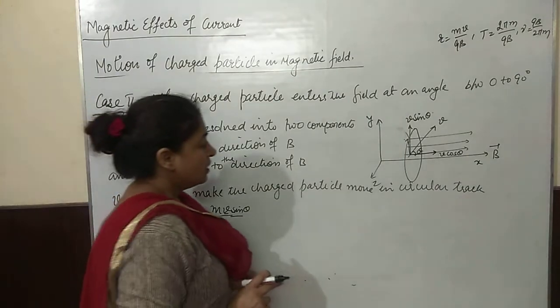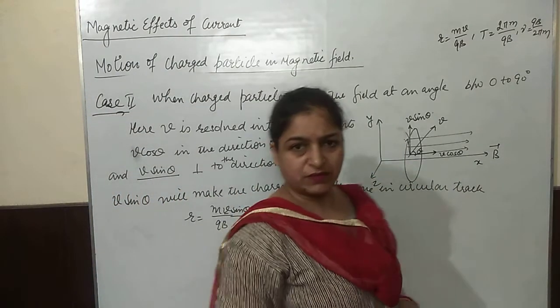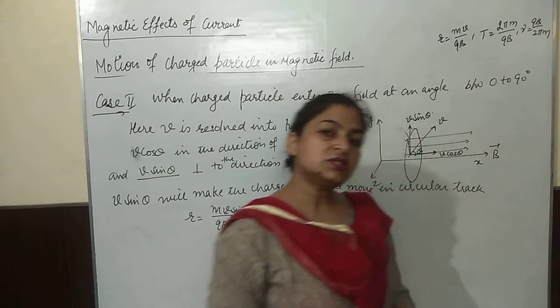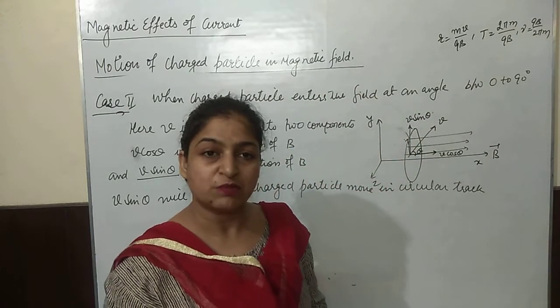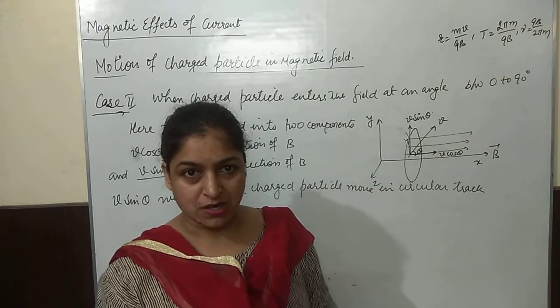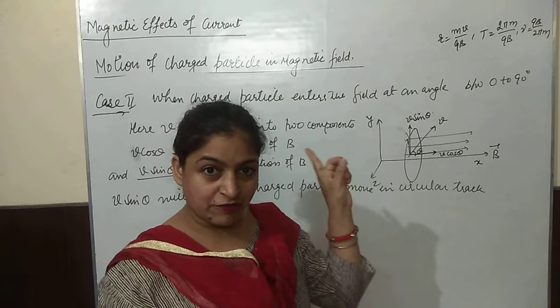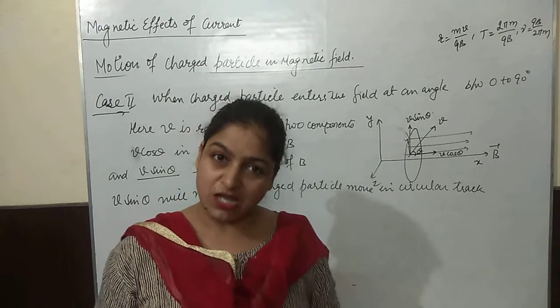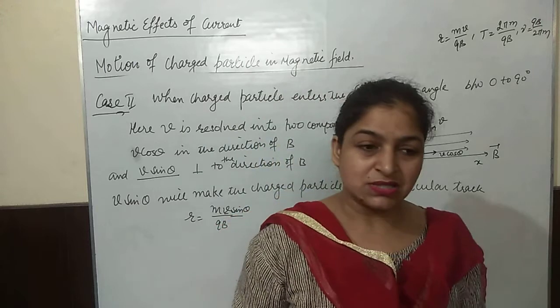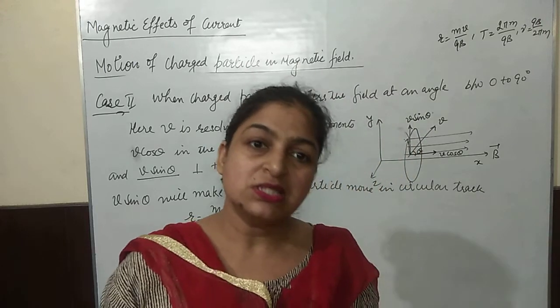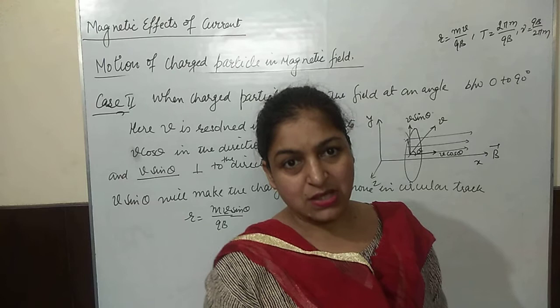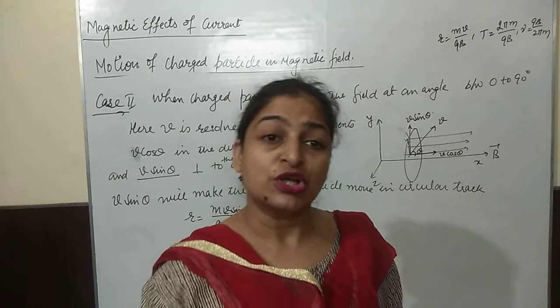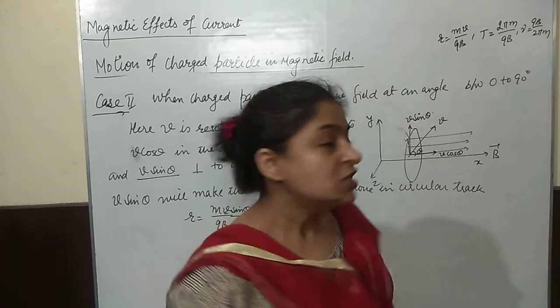Now what about the second component of the velocity? Second component, you see, is the velocity which is parallel to the magnetic field. We can recall the first lecture on magnetic force. We discussed that when the velocity is parallel to the magnetic field, then the magnetic force due to that velocity would be zero.